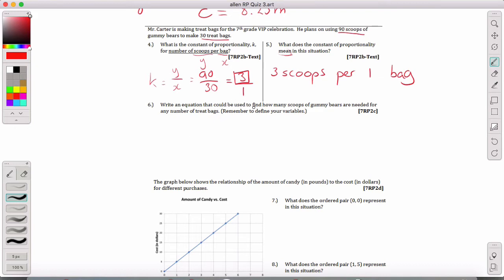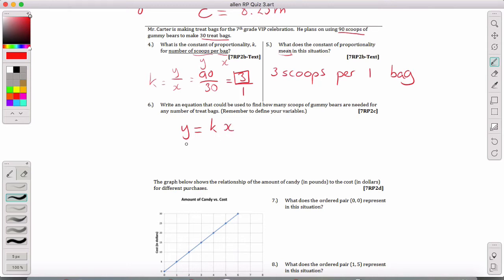Write an equation that could be used to find how many scoops of gummy bears are needed for any number of treat bags. Well, I can do y equals k number times x.